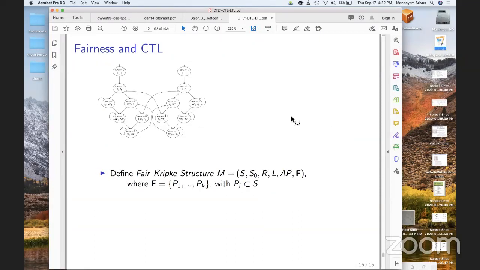So fairness. We've already looked at fairness, and Zubin also introduced that in the context of CTL, and maybe he will say a little bit more when he adds some things today. I'm making it a little bit more formal than the way that I had introduced it earlier.